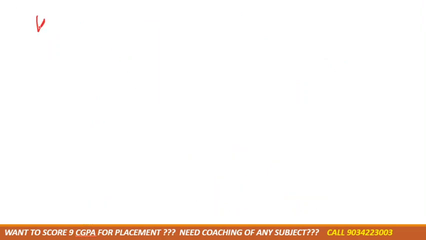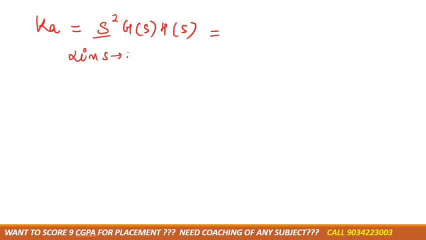Now do it for Ka, what is it, limit s tends to 0 of s square G of s. Now in this question they only ask you the steady state error.